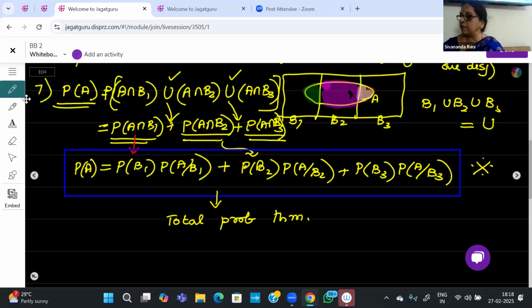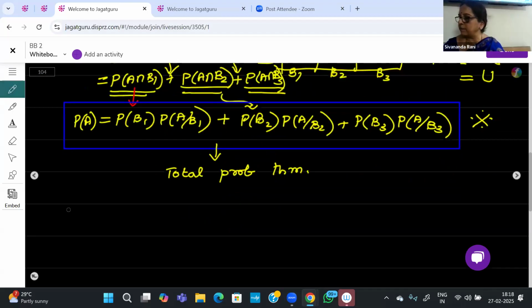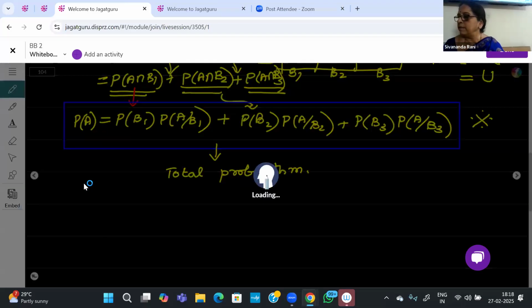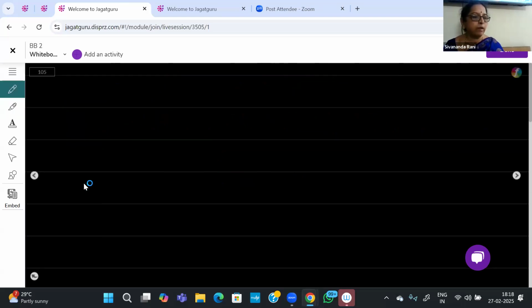Okay, there is another important aspect where we need to know certain terminologies. This is simply about the probability of an event, which we dealt with, and we came across so many things while discussing it. We came across the total probability theorem, the multiplication theorem, and the addition theorem.